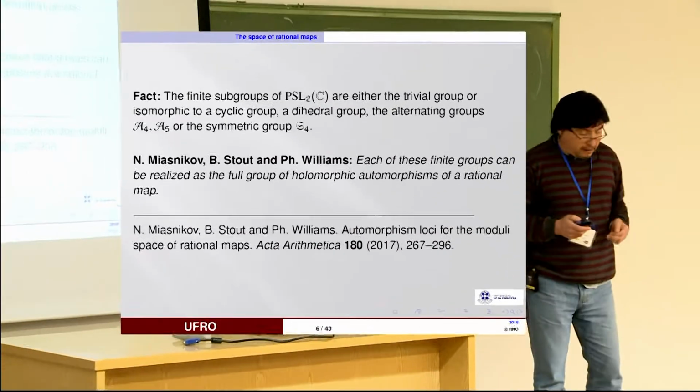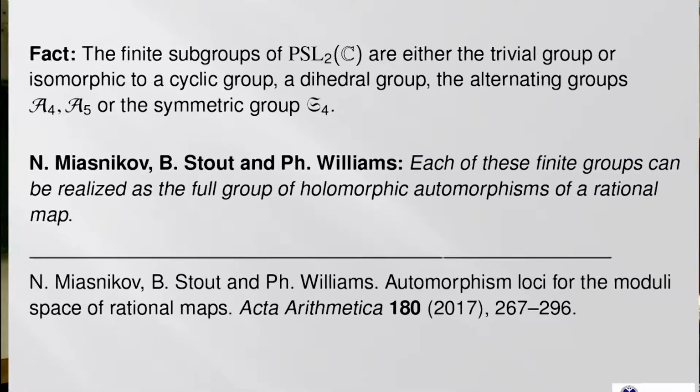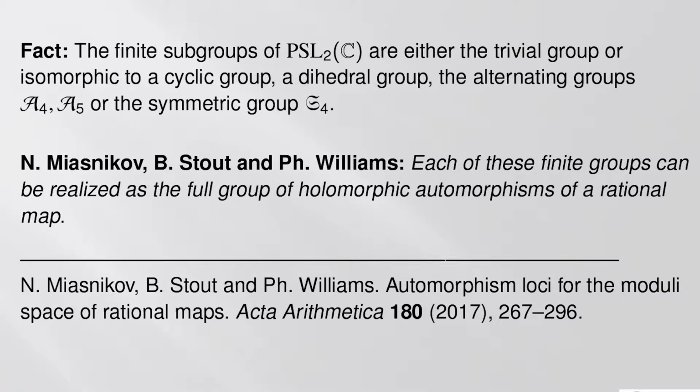Okay, so we also know that the finite groups of Möbius transformations are the trivial one, the cyclic groups, the dihedral groups, and the Platonic ones. So here I put A4, alternating 4, alternating 5, and the symmetric group S4.